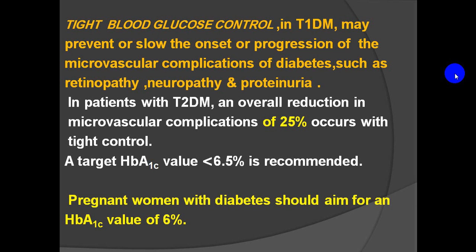But keep in your mind that with such tight blood glucose control, we may face the problem of hypoglycemia. Also, in patients with type 2 diabetes mellitus, an overall reduction in the microvascular complications of 25% occurs with such tight blood glucose control.